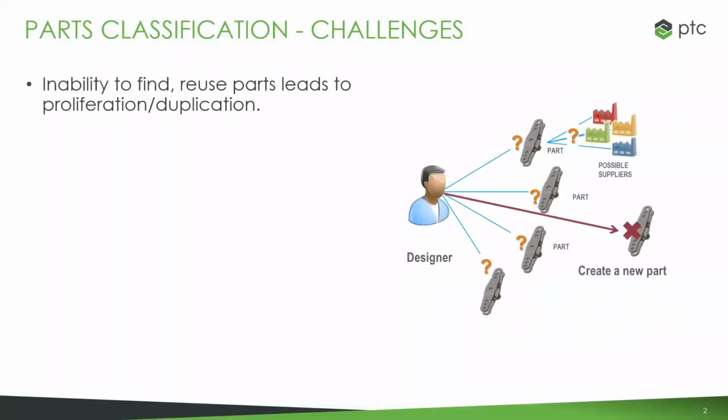From talking to so many companies in the industry, we have found that most of them face pretty similar challenges when it comes to managing all of the parts that your organization uses. That starts with an inability for designers to actually find and reuse those parts. What that typically results in is a lot of part proliferation and duplication.